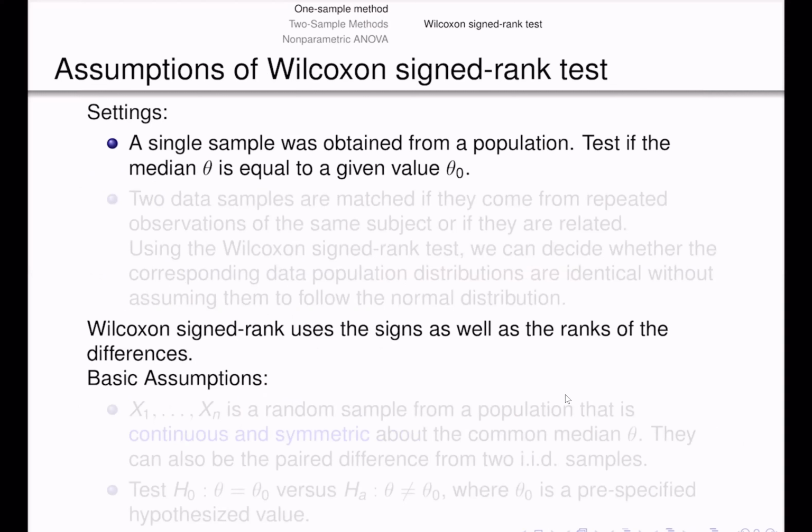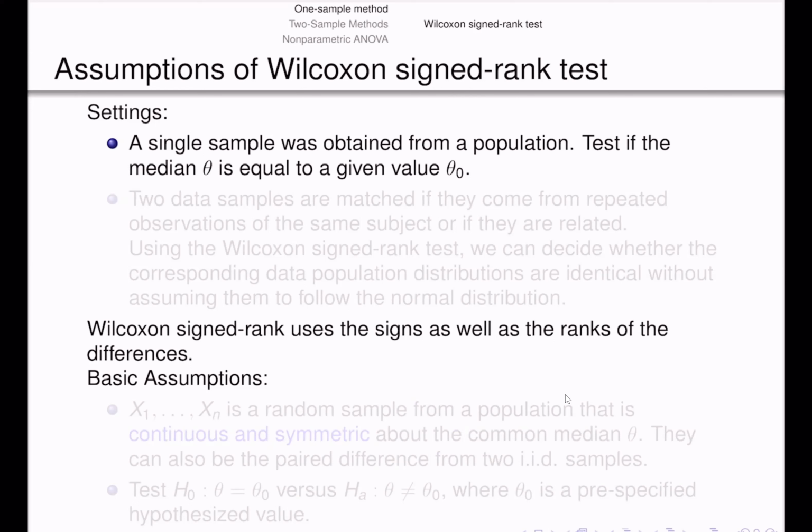The setting for the Wilcoxon signed rank test is described here. There are two possible settings. One of them is that we have a single sample observed from a population, and this population distribution may not be normal. It could be an arbitrary distribution. And we want to see whether the median of that population is equal to a given value.